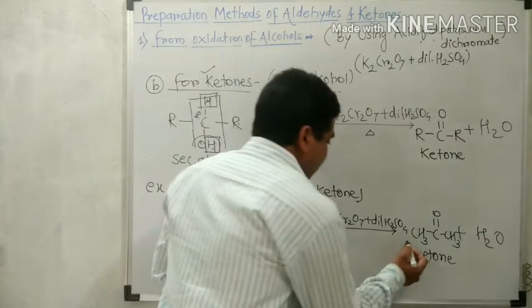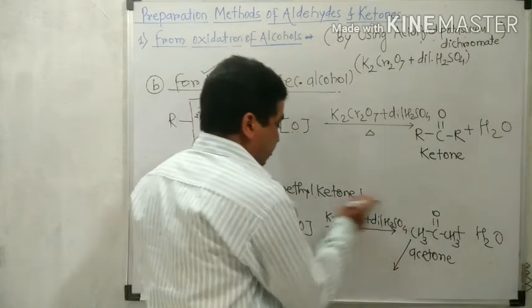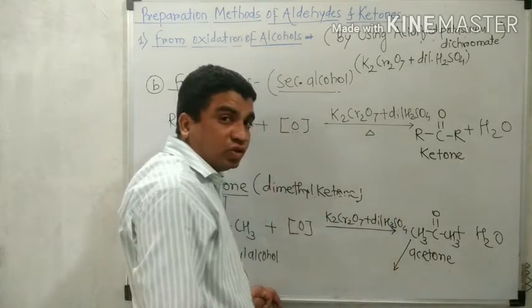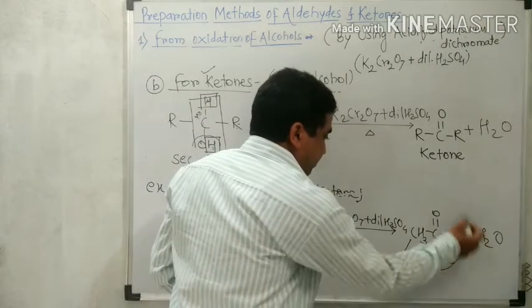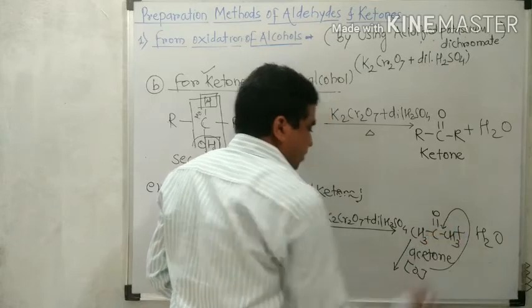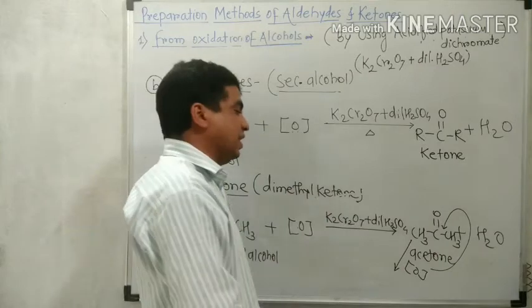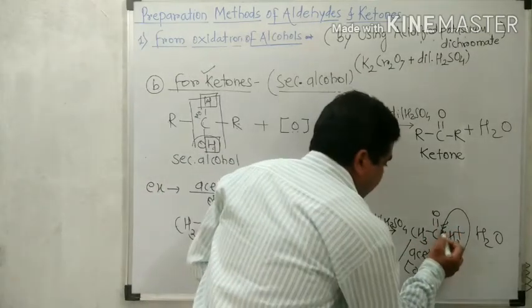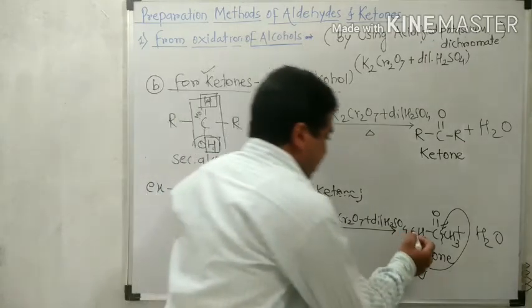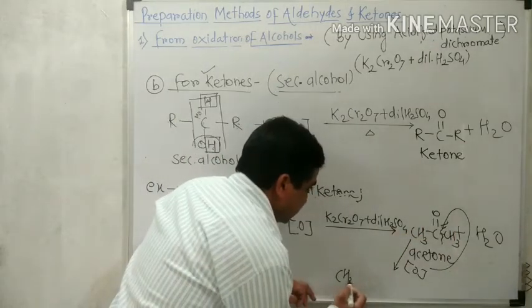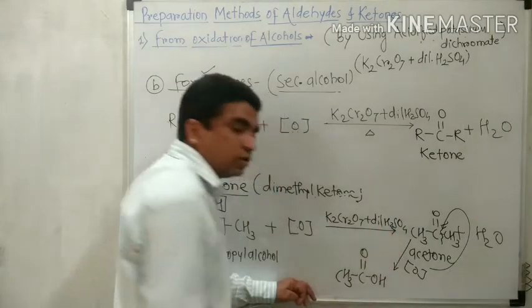Similarly, this reaction cannot stop at the stage of acetone when we use only K2Cr2O7 and H2SO4. Another oxygen atom is added in the same reaction. But this oxidation is not as easy as with aldehyde. In this oxidation, the carbon-carbon bond also breaks, and here we get firstly CH3COOH.